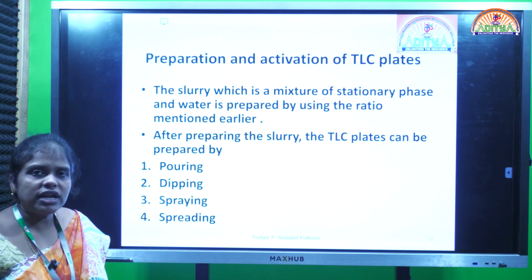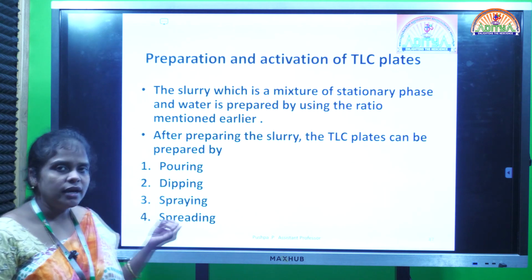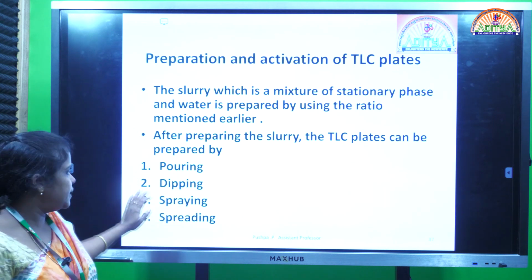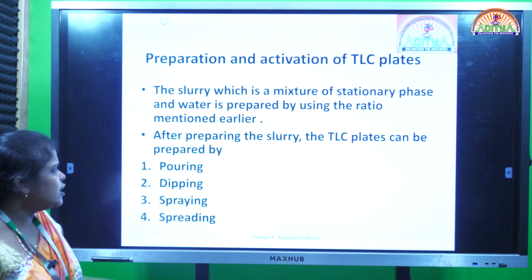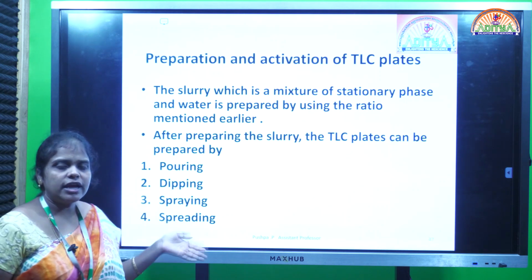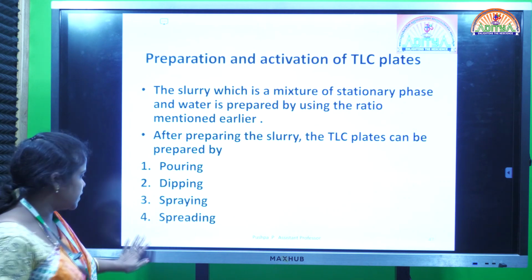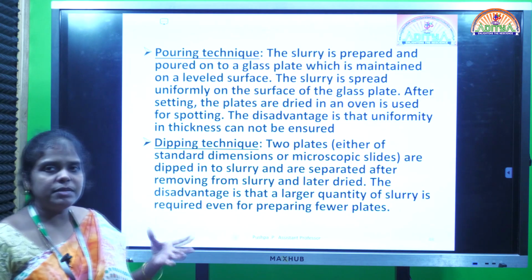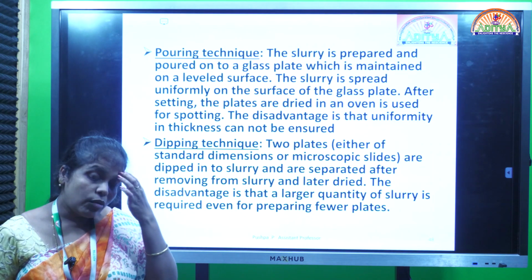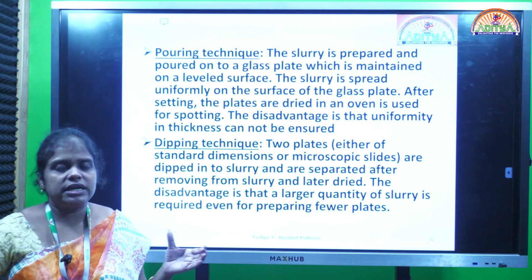We can use 4 types of TLC plate preparation methods: one is pouring, another is dipping, another is spraying, and another is spreading. By using these 4 techniques we can apply the adsorbent or stationary phase slurry on the TLC plate. The first one is pouring. In the name itself it denotes that whatever slurry we have prepared, we pour on the glass TLC plate.